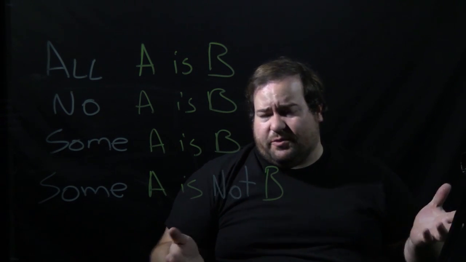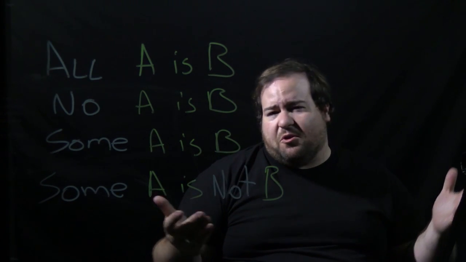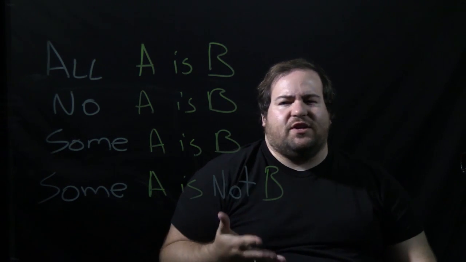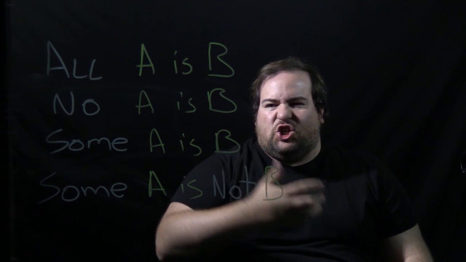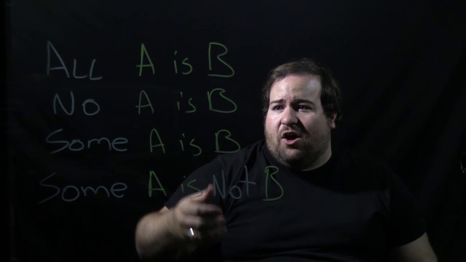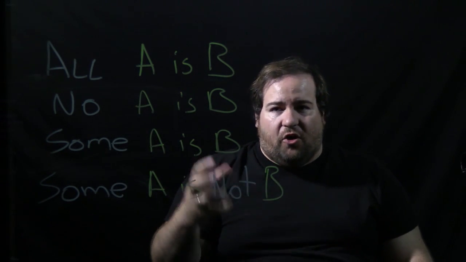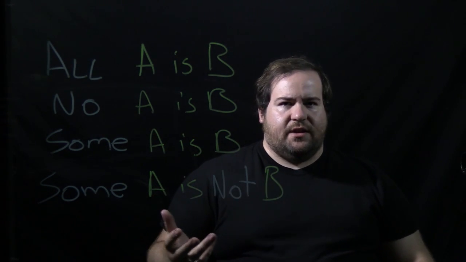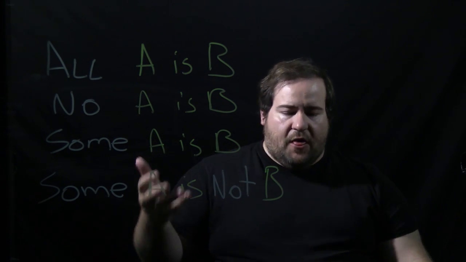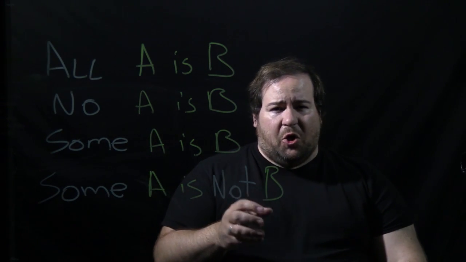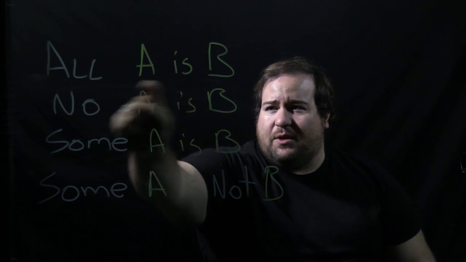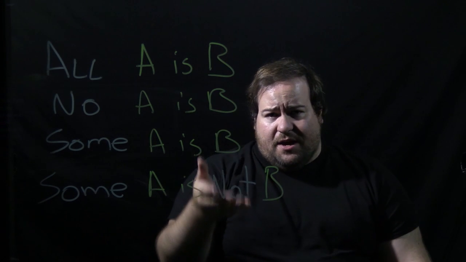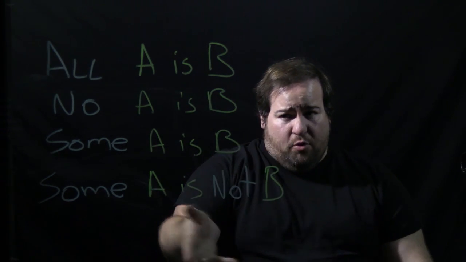For example, there have been multiple Spider-Men, Peter Parker and Miles Morales being the most notable of them, although there have been others. And thus we treat Spider-Man as a general category and say that all S is H, right? All Spider-Men are human beings. So I would represent all Spider-Men are human beings as something like all S is H, right? It'd be one of these statements here, right? And that would be me classifying all Spider-Men as properly human.